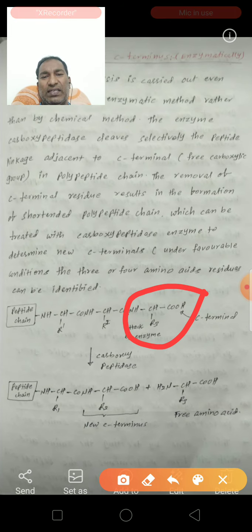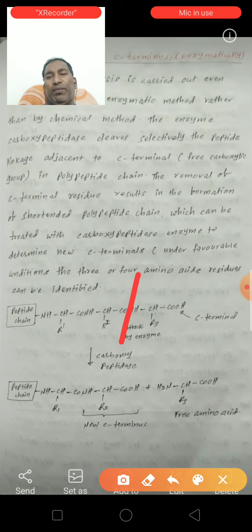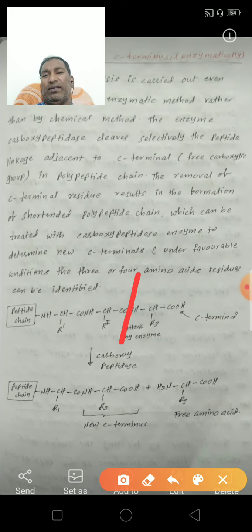So this reacts with the carboxypeptidase. When the carboxypeptidase enzyme attacks this CONH group, it cleaves the CONH group and forms a free terminal amino acid. Then a new C terminal amino acid will form.